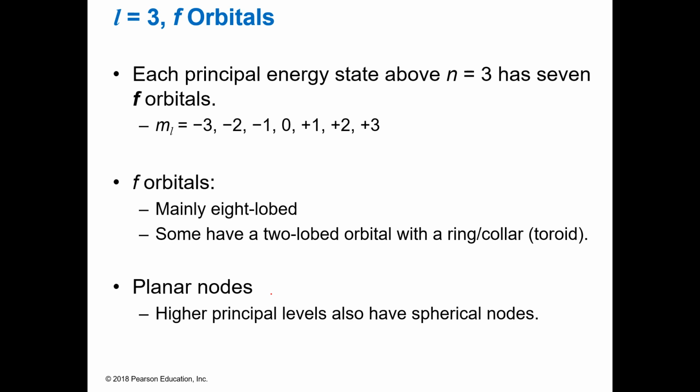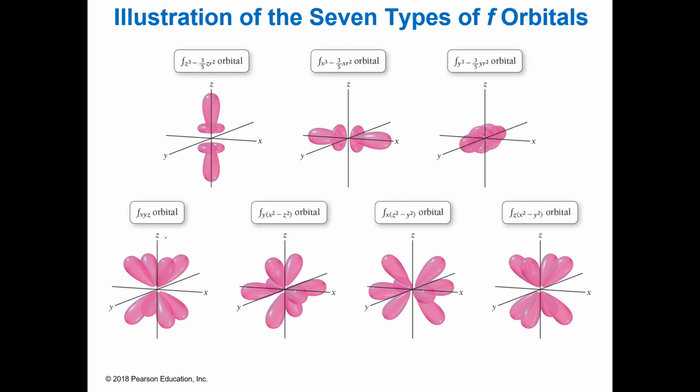I have 7 F orbitals, so that is 7 orbitals or areas of space. And this is what they look like. So basically, those are the shapes. So we're going to take a break, and then we're going to do some work with those quantum numbers to make it even better.